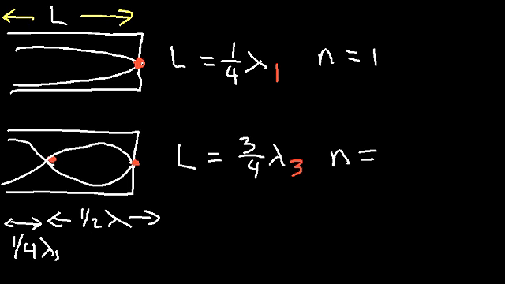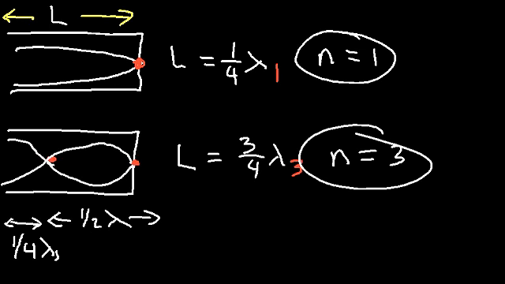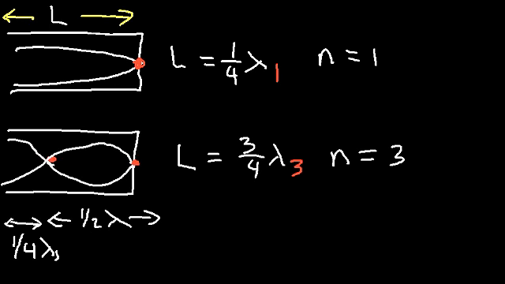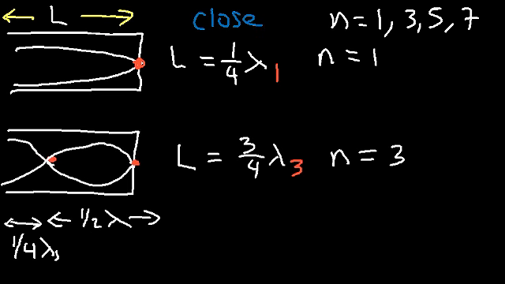But for this one, it's not 2, it's 3. So this is the first harmonic. This is the third harmonic. There's no second harmonic or fourth harmonic when it's closed at one end. n can't be 2, 4, or 6. n can only be odd numbers like 1, 3, 5, and 7. So keep that in mind when you're dealing with the closed end organ pipe.